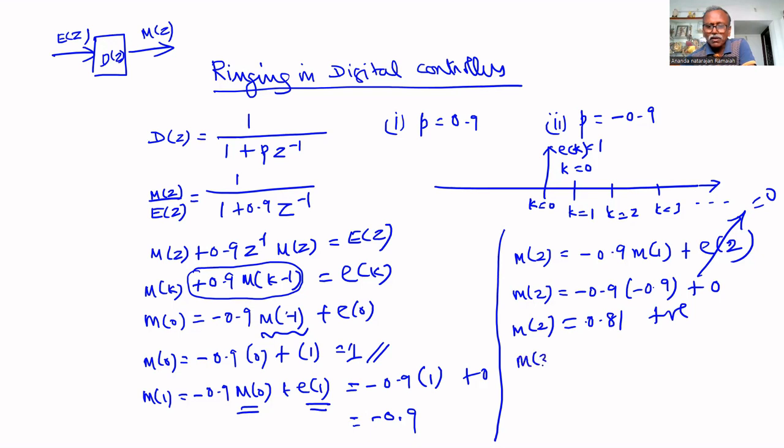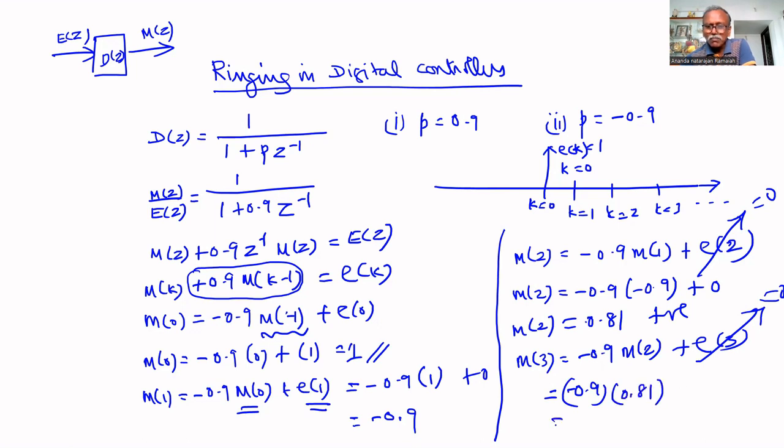M of 3 equals what? M of 3 equals minus 0.9 M of 2 plus E of 3. This is also equal to 0 because it doesn't exist afterwards. So, minus 0.9 multiplied by 0.81, if you multiply, that is equal to minus 0.72.